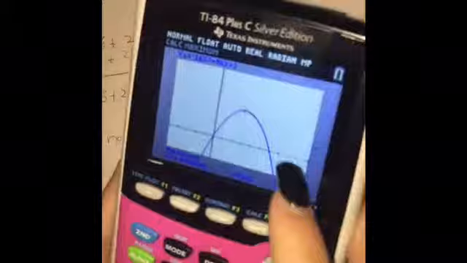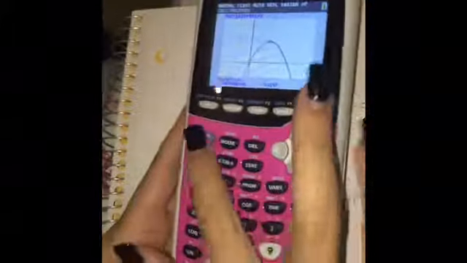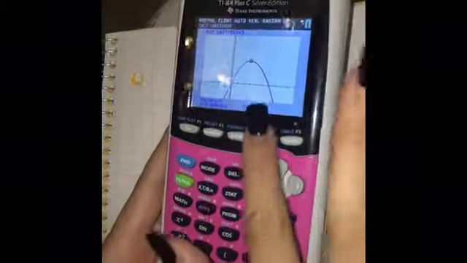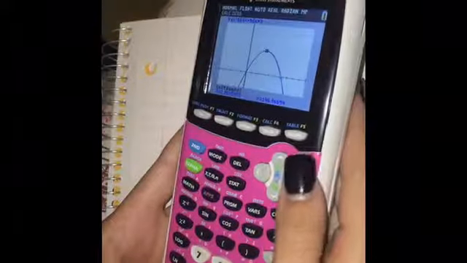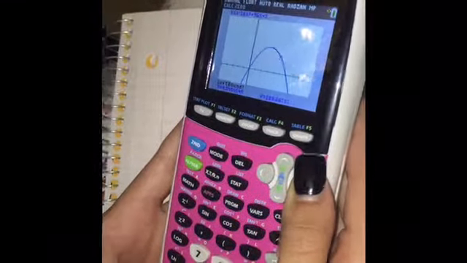Now we have to find the distance. So we're going to have to find the distance from here to here thrown. Make sure you have it on the calculator. You have to go second calc, and then you're going to go to 0. It goes left bound.